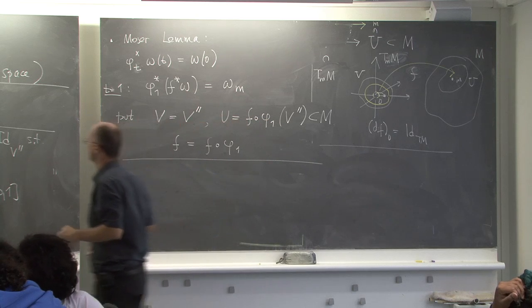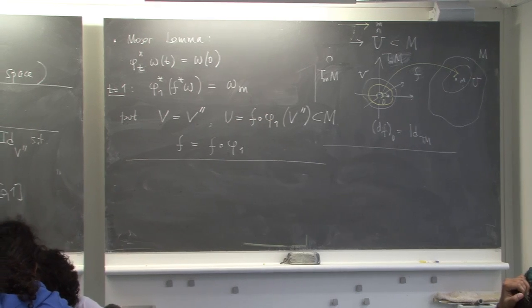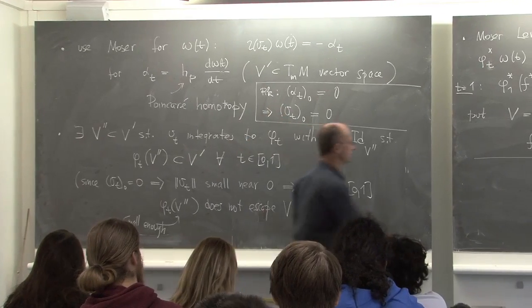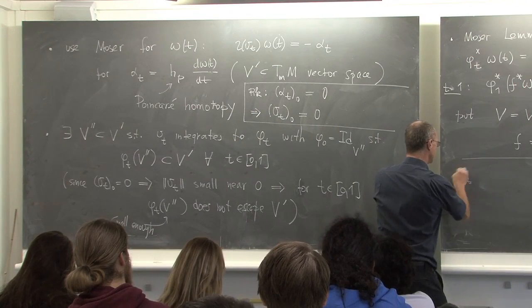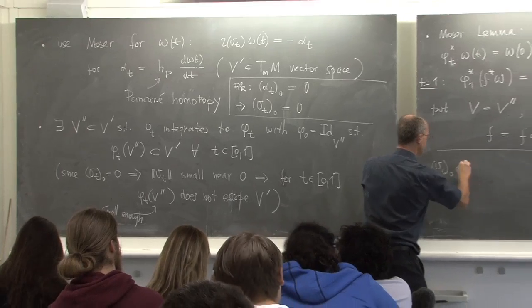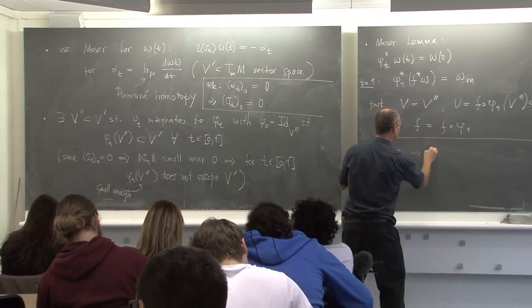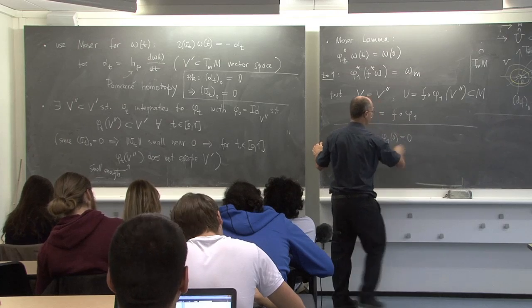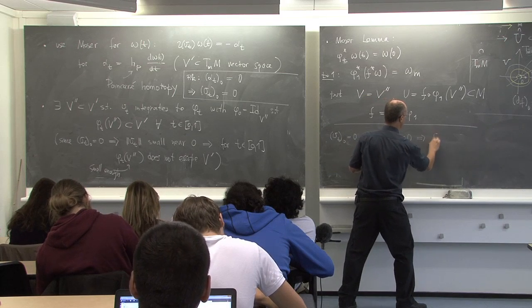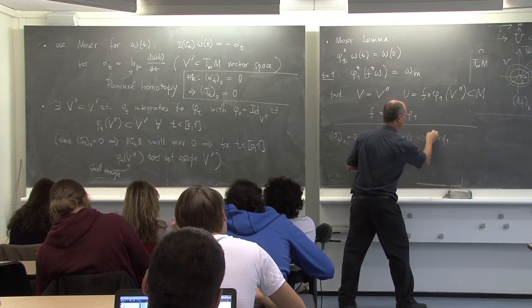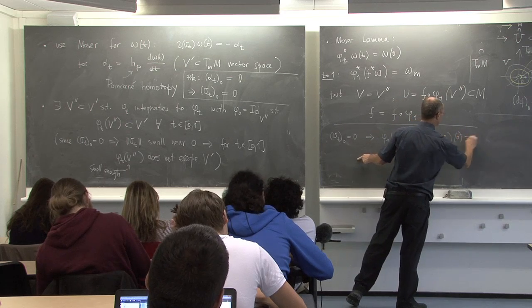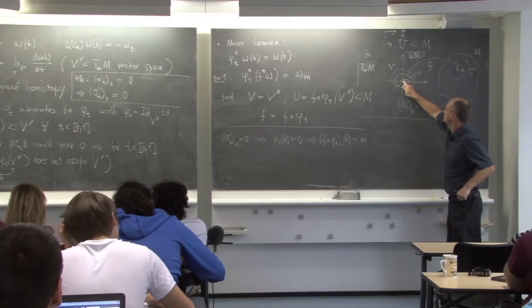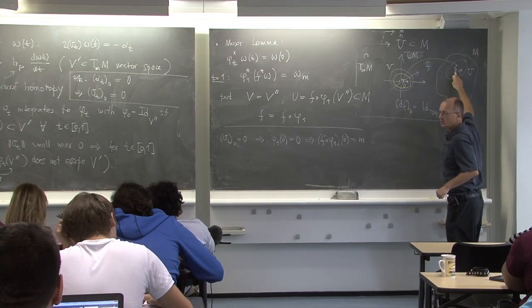So note also that because Vt of 0 is equal to 0, we know that phi 1 of 0 is equal to 0, and this means that F phi 1 of 0 is equal to M. So the new chart will also be centered at M as the old one.